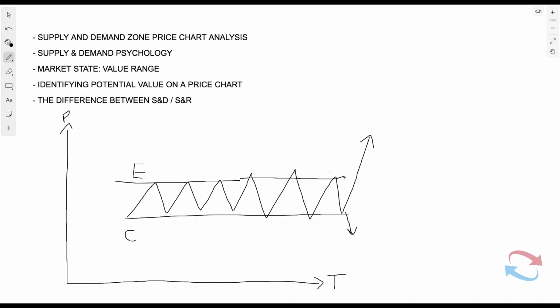So you have to have levels get weaker. No matter how many times they touch, at some point you're going to get a breakout to the downside and price discovery to the upside, right? And also from the perspective of value, right?